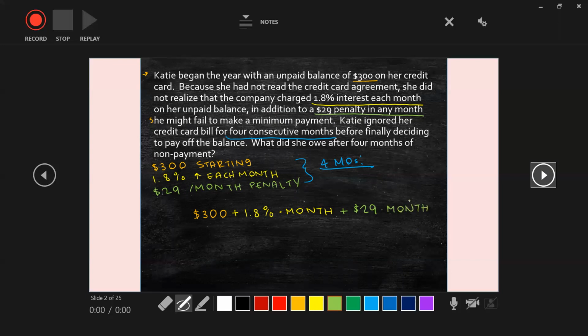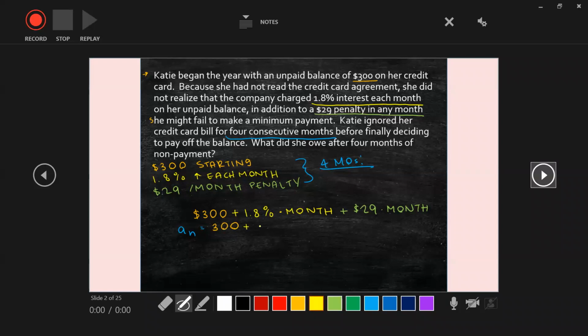Let's see if we can create a formula to represent this. So we are going to have a sub n being equal to, we are always going to start out with that $300.